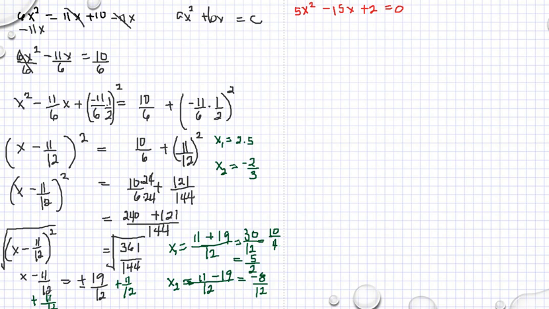Okay, then let's take this one. It's the same. We can either do it this way, or we can divide all of the terms by 5 directly. Then we have x squared minus 3x plus 2/5.